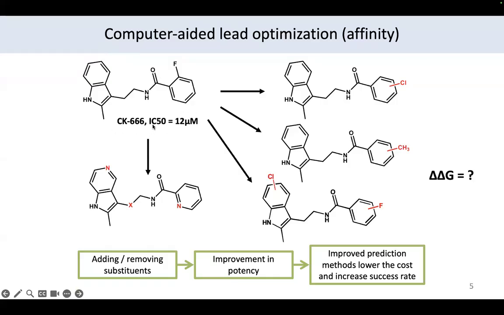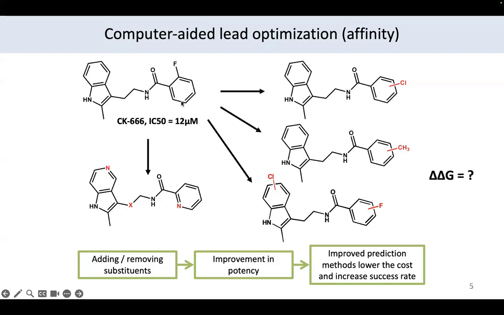Here, this molecule is an inhibitor of the actin-related protein 2 and 3, so the polymerization of actin, and has an IC50 of 12 micromolar, and that means that 12 micromolar are needed to bring down the activity of the actin-related protein 2 and 3 by 50%. 12 micromolar is actually a high concentration, and this high concentration can also produce side effects, meaning that this concentration of the molecule is high enough to go and stick to other proteins as well, producing undesired effects.